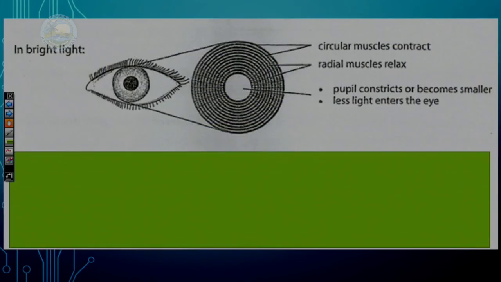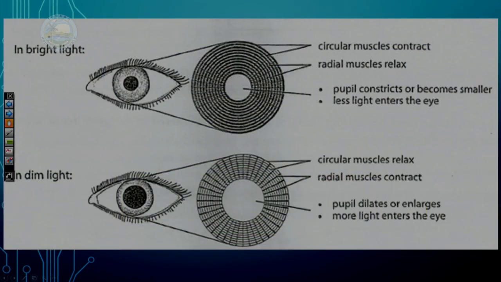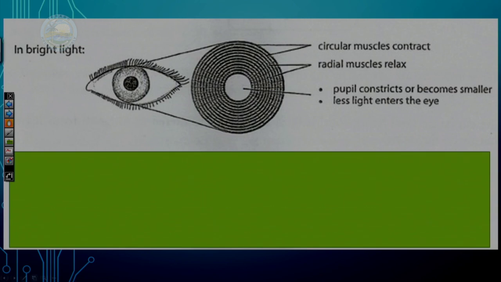When there is bright light, your circular muscles will contract. And obviously the antagonistic muscles, which will be your radial muscles, they will relax.